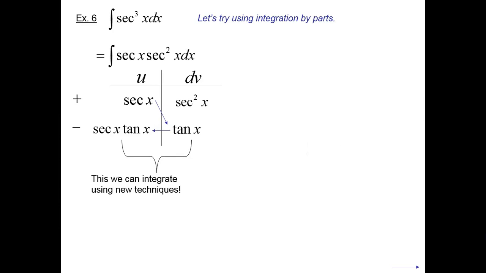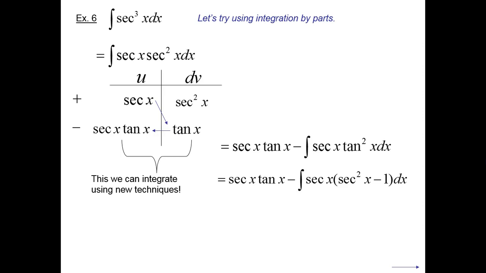Using the plus minus on the left side, I've got secant x tan x minus the integral of secant x tan squared x dx. I'm going to convert that tan squared x to secant squared x minus 1.